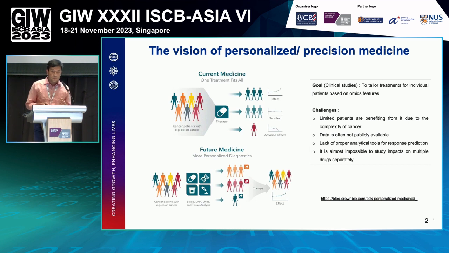So future medicine will try to use different data sources in terms of multiomics data. In the future medicine vision, different data sources are used in an integrated manner to subtype the patient into a specific cluster. So each patient's cluster can be treated with a specific treatment so that this can be effective for all the patients.